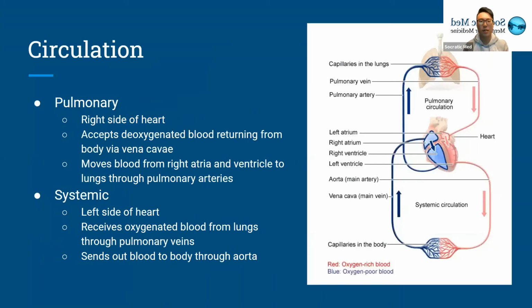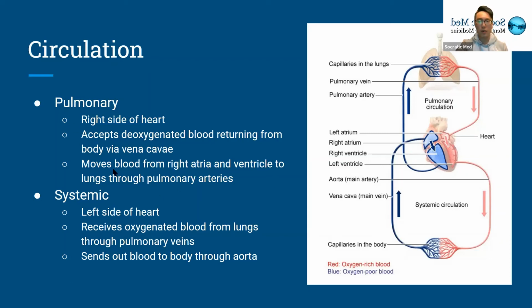So the two halves of the heart are separated into two different circulations. Each side acts as a pump, but the pumps send the blood to different parts of the body. The pulmonary circulation, which is the right side of the heart, takes the deoxygenated blood returning from the rest of the body and moves it through the right atrium and the right ventricle to the lungs via the pulmonary arteries.